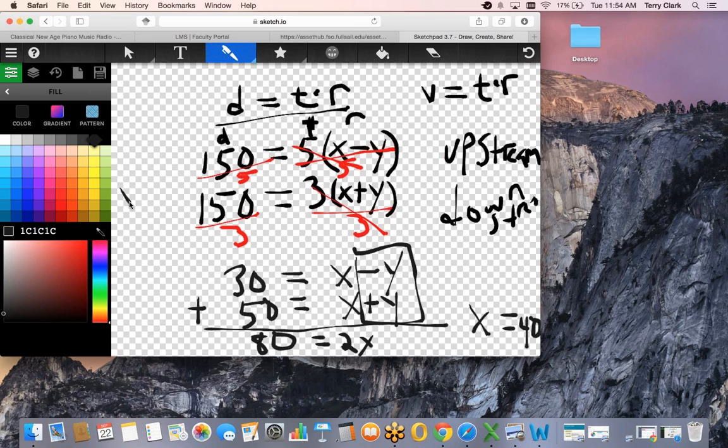So I'll just do it right here on the side. x minus y equals 30. Then I'll put the 40 in. 40 minus 10 equals 30.